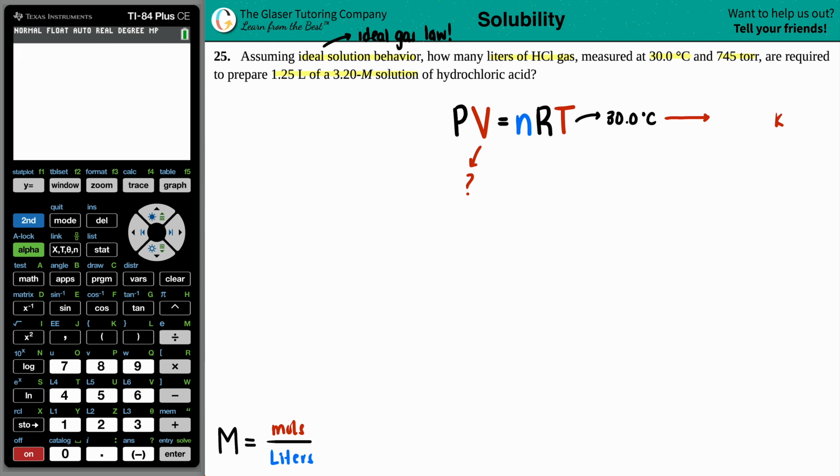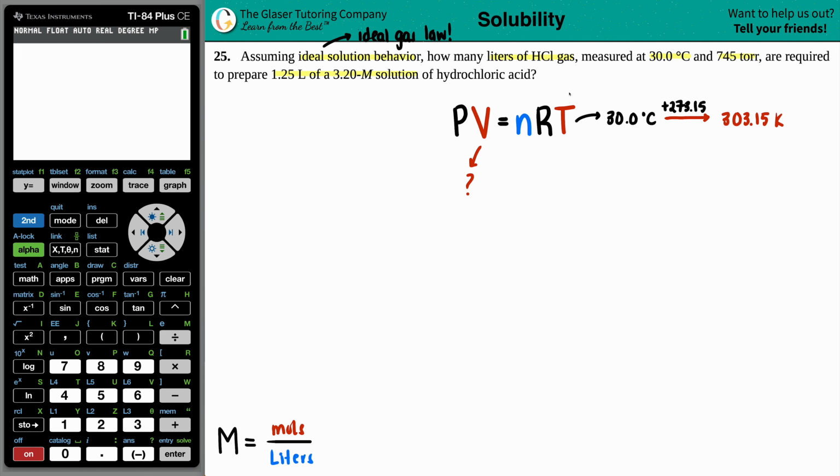To go from Celsius to Kelvin, all you got to do is plus 273 or plus 273.15, depending on how specific you want to be. So this would be 30 plus 273.15, which is 303.15. And that is your temperature in Kelvin.